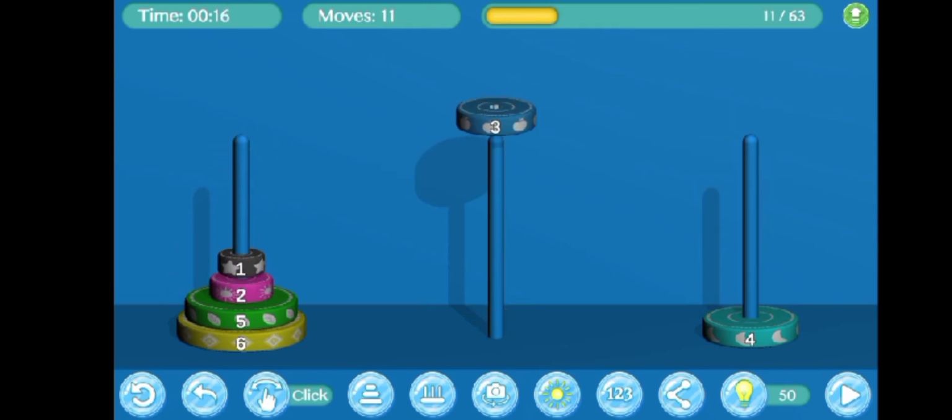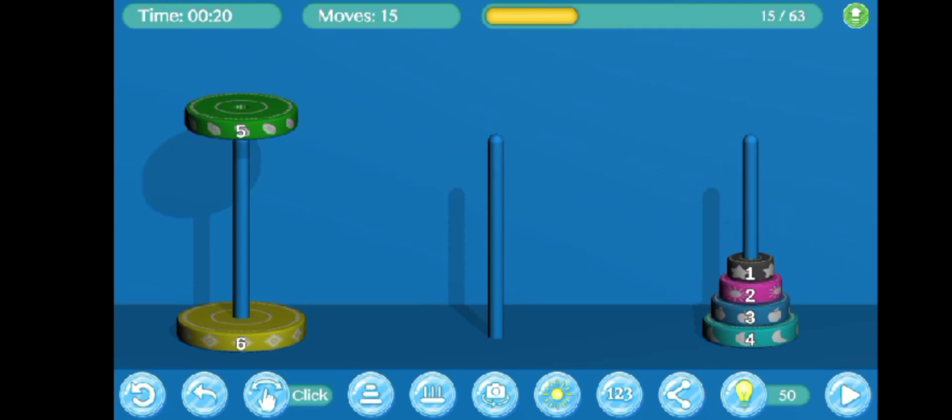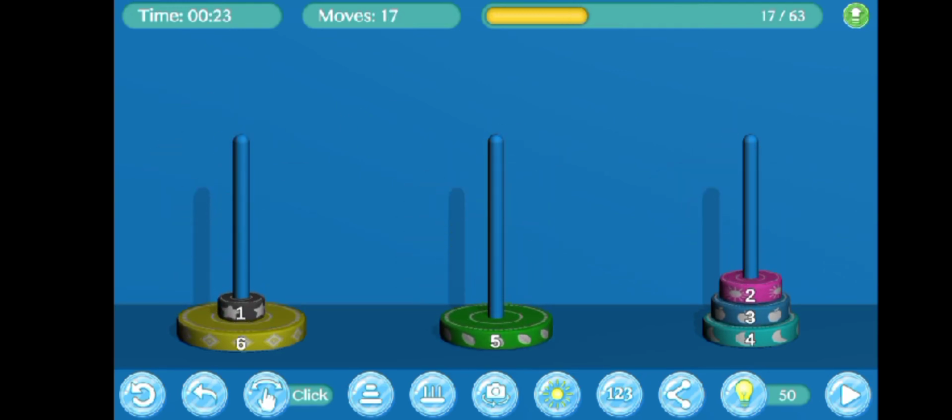Okay, so let me tell you a hack. If you notice, the smallest ring always moves to the same direction. And whenever that happens, the disc below it will move backwards.